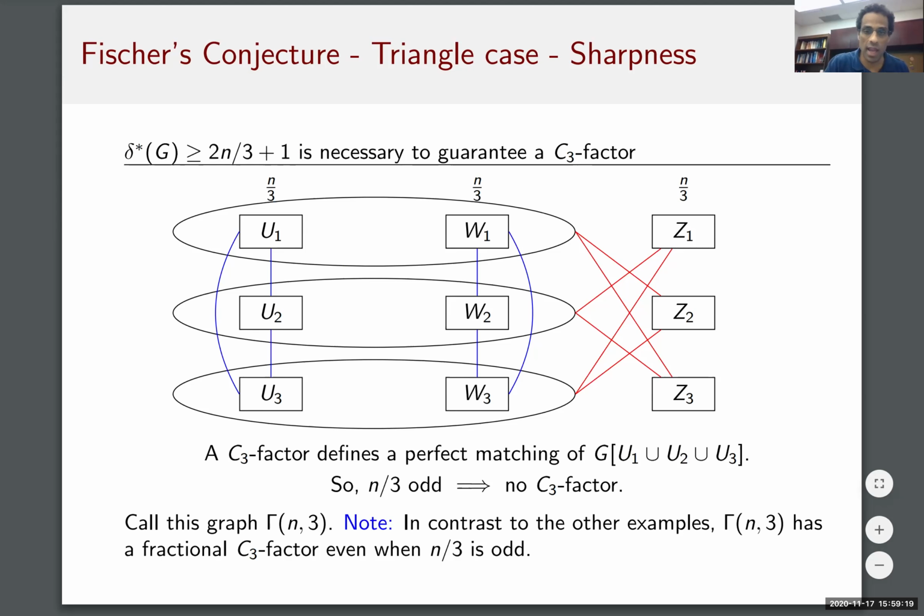If you follow that rule and the weights on all the triangles sum up to exactly n, then that would be a fractional C3 factor. So this one, it's not hard to see that it has a fractional C3 factor, but it doesn't have an actual C3 factor. The other ones didn't have a fractional C3 factor or a regular C3 factor.